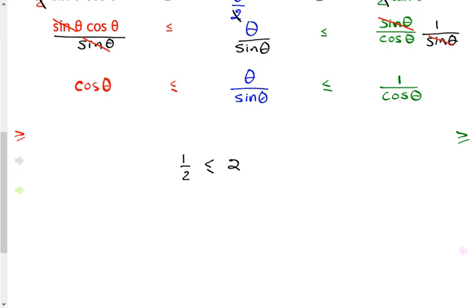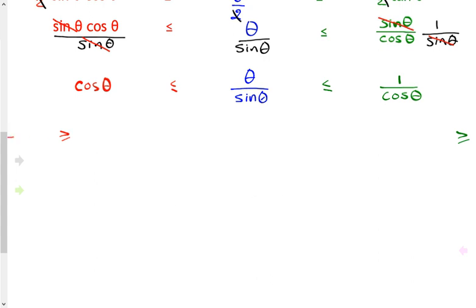If I take the reciprocal of both sides, I get 2, and I get a 1/2. Is the relationship still less than or equal to? Nope. The relationship changed. So whenever we take the reciprocal with inequalities, the direction of the inequalities needs to reverse. So that's what we're going to see in our next line.